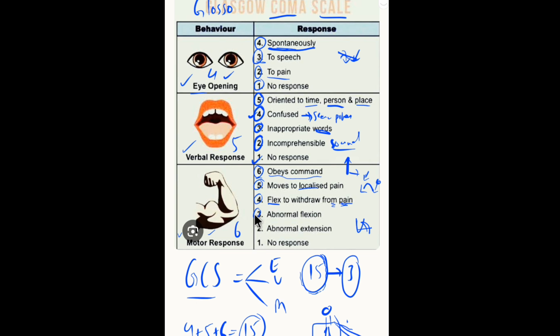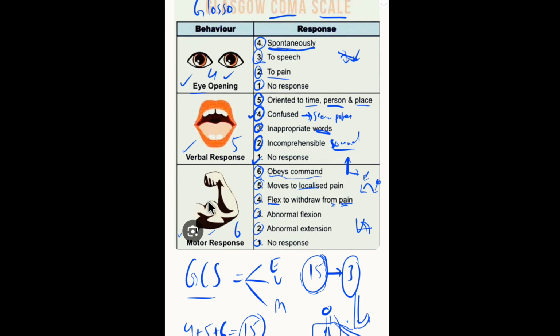This is the abnormal flexion. Another is the extension. If they extend their hand to the posterior side, this is the abnormal extension, and it gets 2. If he has no response, nothing will happen.